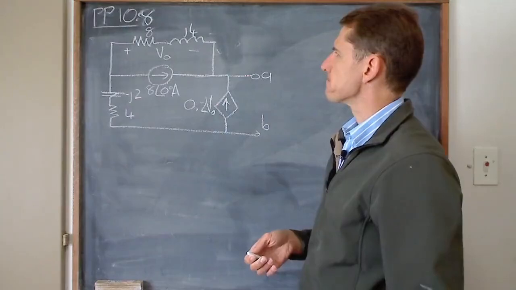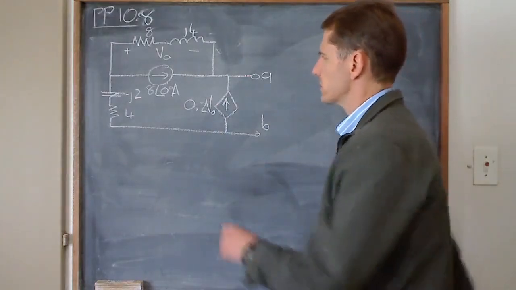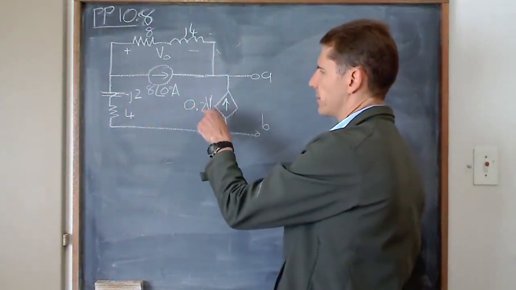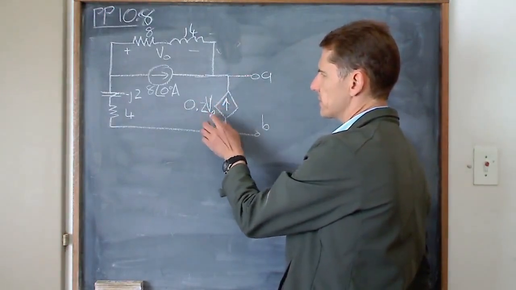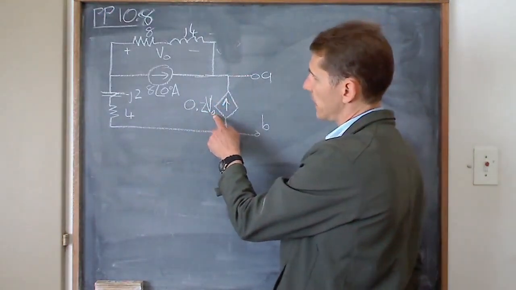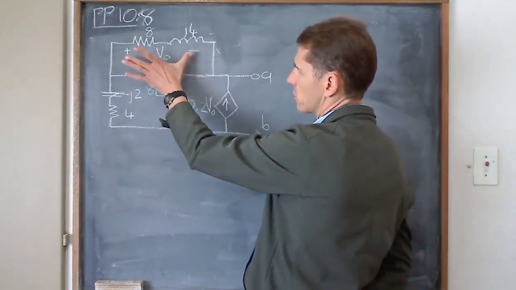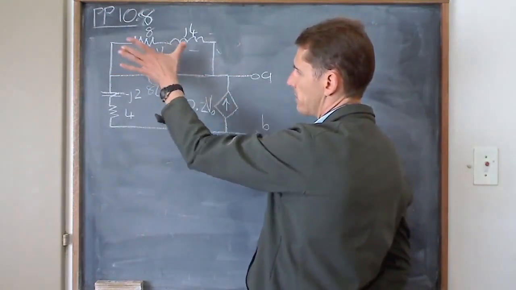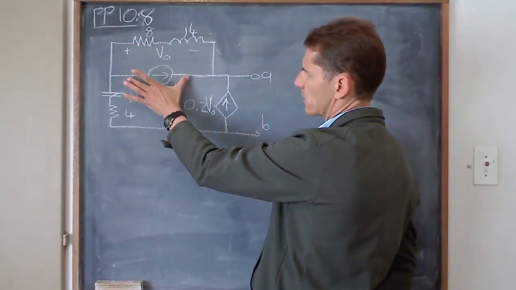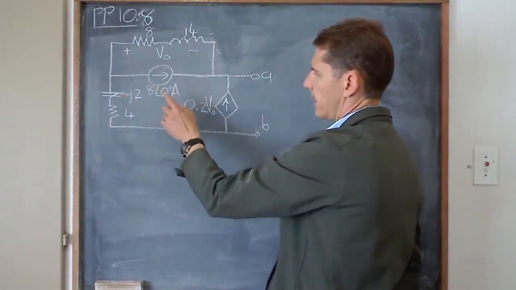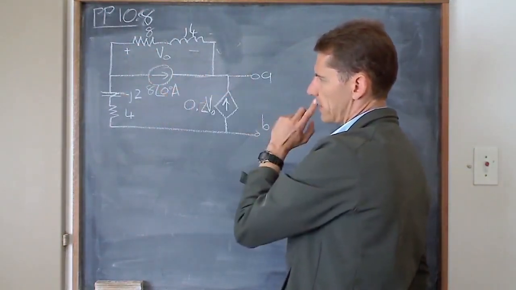Okay, so let's just get to know the circuit. We always worry about this one first, and we see that this current is dependent on V out. Where's V out? There it is, plus minus. So if I know the voltage across that impedance, which is also the voltage across this current source, I will know what that current is.